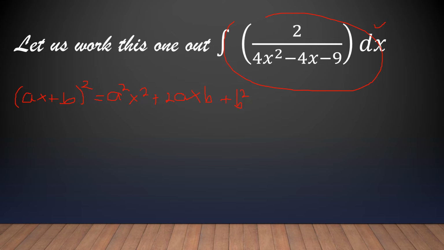Okay, so you can see I have a squared x squared plus 2axb plus b squared.